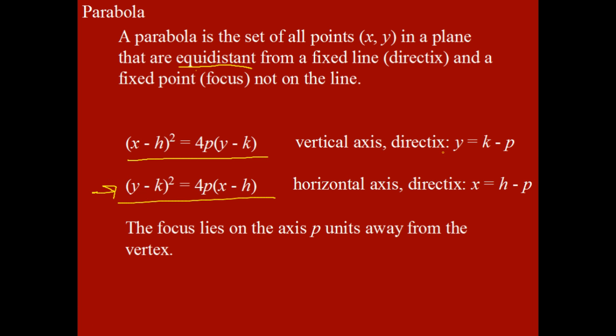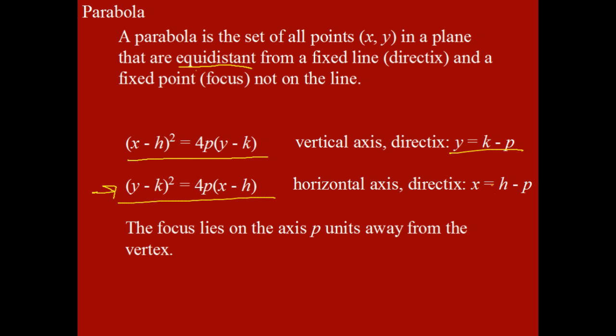All right, now, what is this directrix? Well, this is the line that we are equidistant to, and in a vertical parabola, that line is defined by y equals k minus p. So whatever number we're subtracting from y, minus p, this coefficient of y, then that's our directrix. In the horizontal axis, we have x equals h minus p.